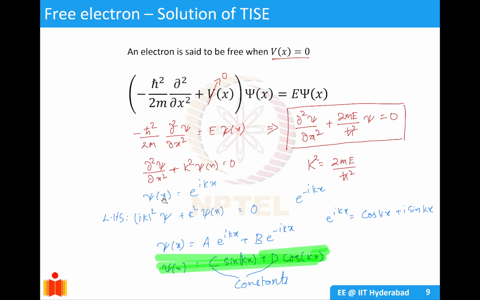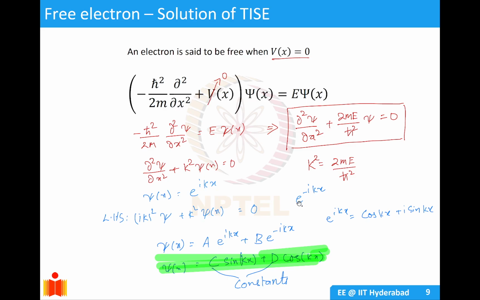Then we assume psi of x equal to e power iota kx. This is what we are assuming first, and then we put it here. So we take the double differentiation of this. So we get (ik) square psi plus k square psi of x equals 0.